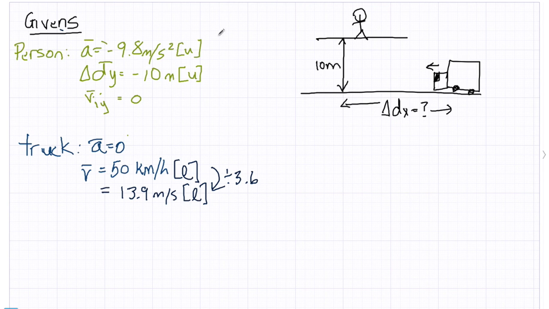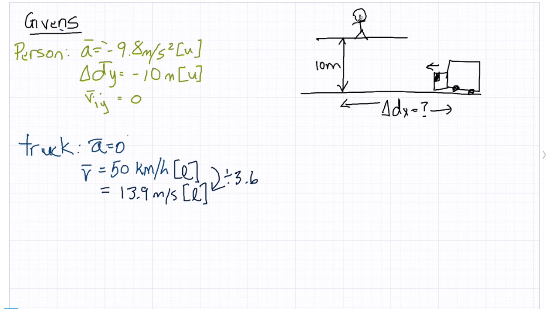Now, I like to keep things in terms of up and right, usually. In this case, I'm doing a little bit of a mix of both. So instead of saying down, I'm saying -9.8 up. And then the delta is -10 up as well. So what do the truck and the person share? Well, the thing that they share is time.